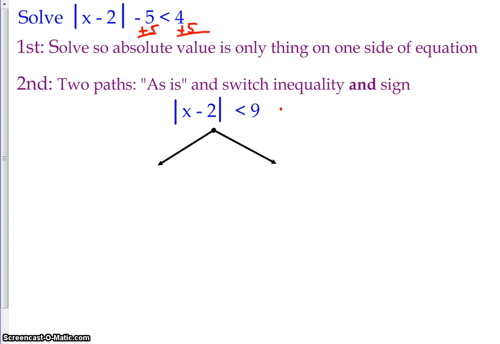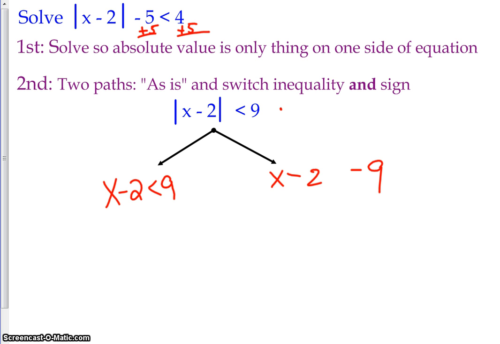If we had an equal sign, this is what we would do. We would say x minus 2 equals a positive 9, and x minus 2 equals a negative 9, and we'd be done. But we don't. We have an inequality. So you're going to take the first case as is, exactly as it's written: x minus 2 is less than 9.